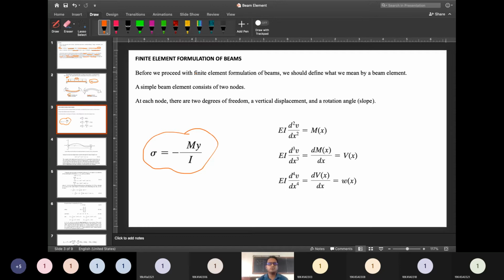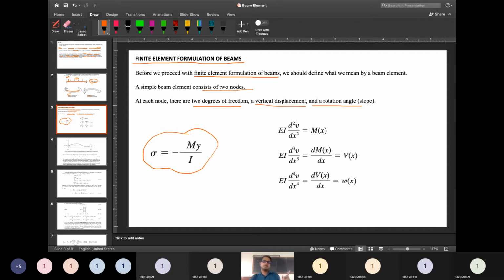Before we proceed to the finite element formulation, our objective is the finite element formulation of the beam. This is the heading: finite element formulation of beam. So we should define what we mean by a beam element. It is an element consisting of two nodes. At each node, there are 2 degrees of freedom: a vertical displacement and a rotation angle.